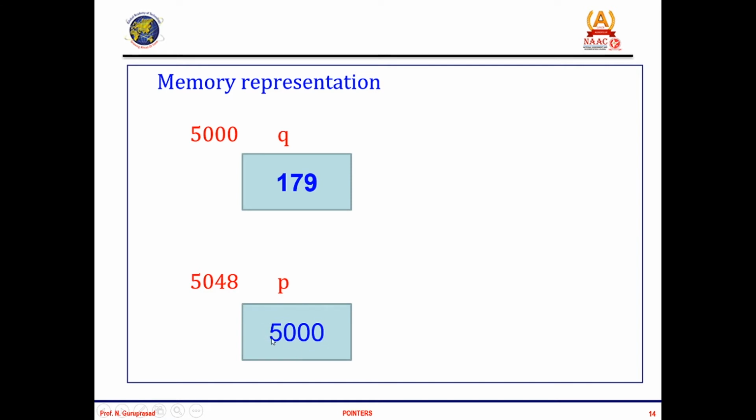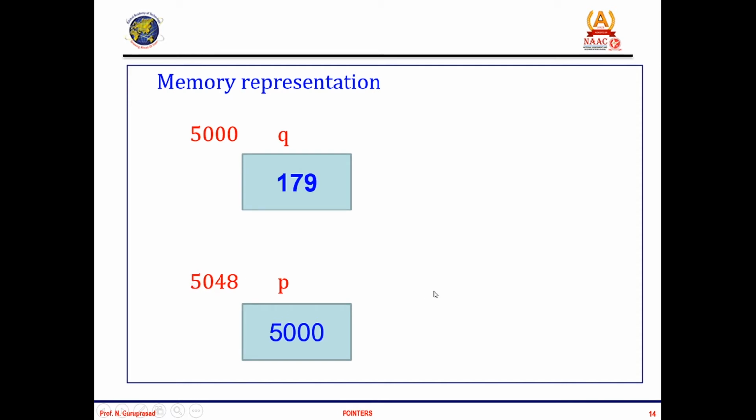And hence in the second box, 5000 becomes the value of p. But you agree that p itself is a variable. So it should also be stored in some memory address. So I have assumed that variable p at this point of time is stored at address 5048.